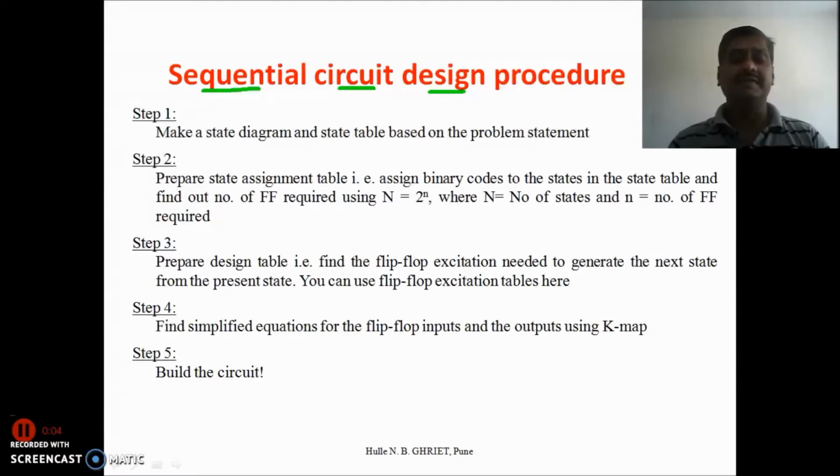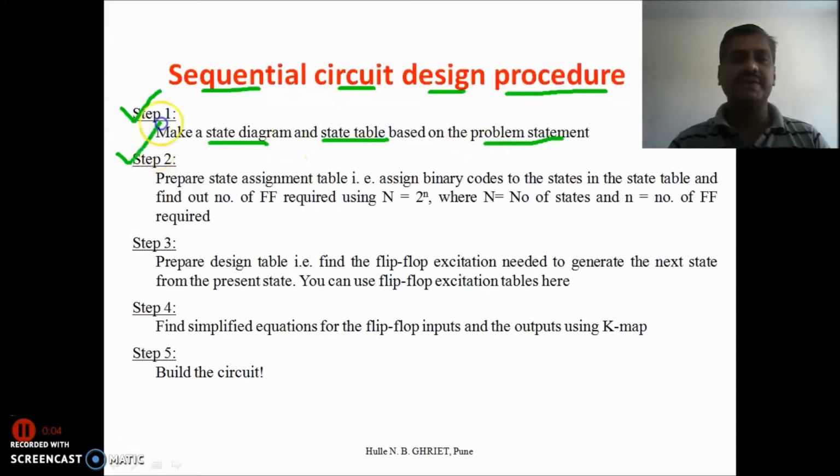Now in this particular video we will discuss the steps required, or the procedure, of synchronous sequential circuit design. To begin with, step number 1: we will prepare a state diagram, and convert the state diagram into the state table based on the given problem statement.